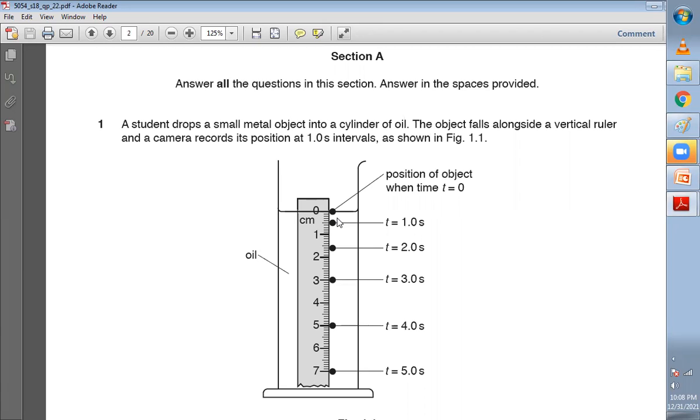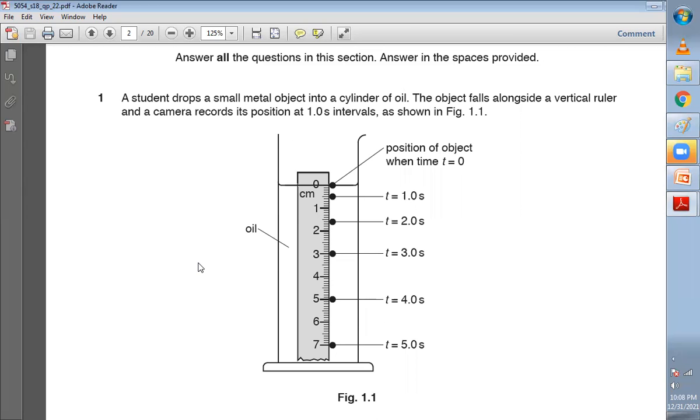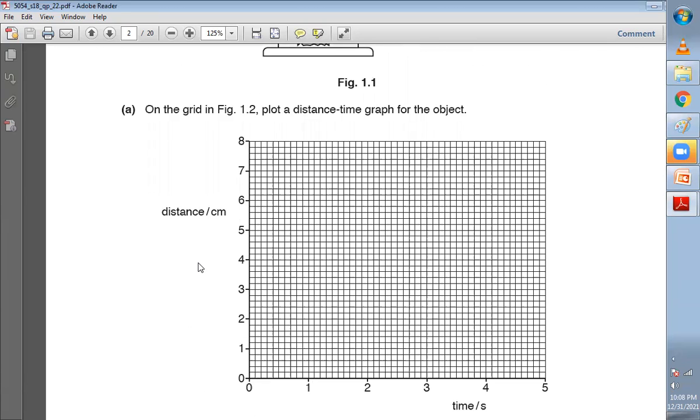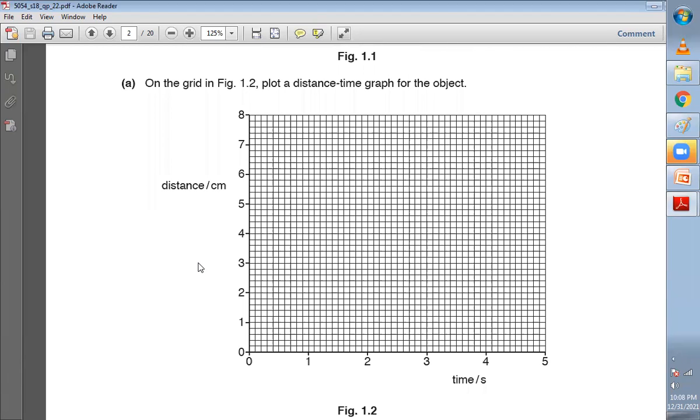So they are checking the location of the ball after every 1 second. Because they are doing it with the camera, it's quite convenient for them to record the position of the ball after every 1 second. Okay, so on the grid in figure 1.2, plot a distance time graph for the object.